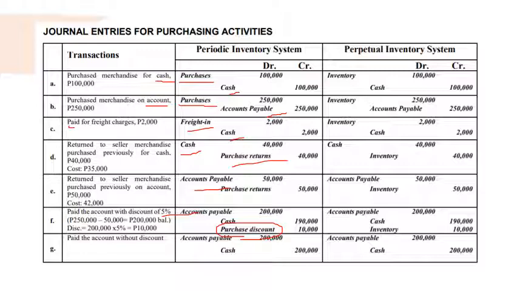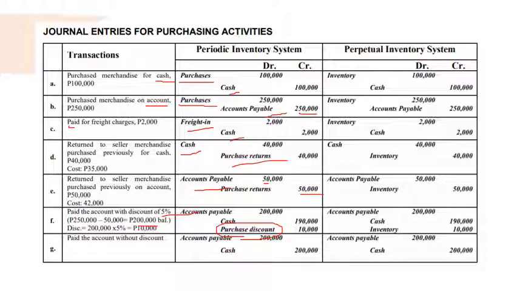How do we compute the purchase discount? That will be based on the remaining invoice amount that is due. Let us go back to letter B. We have originally 250,000 accounts payable. Then there is a return for 50,000. We debited accounts payable 50,000, so the remaining accounts payable is now 200,000.